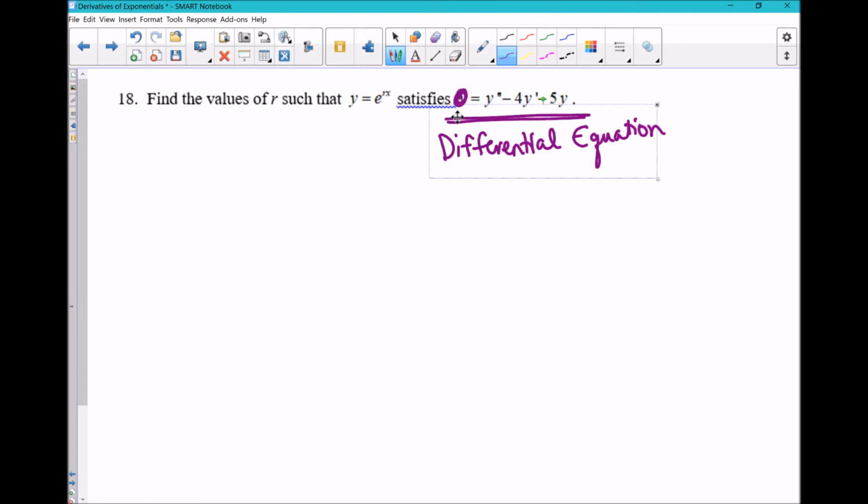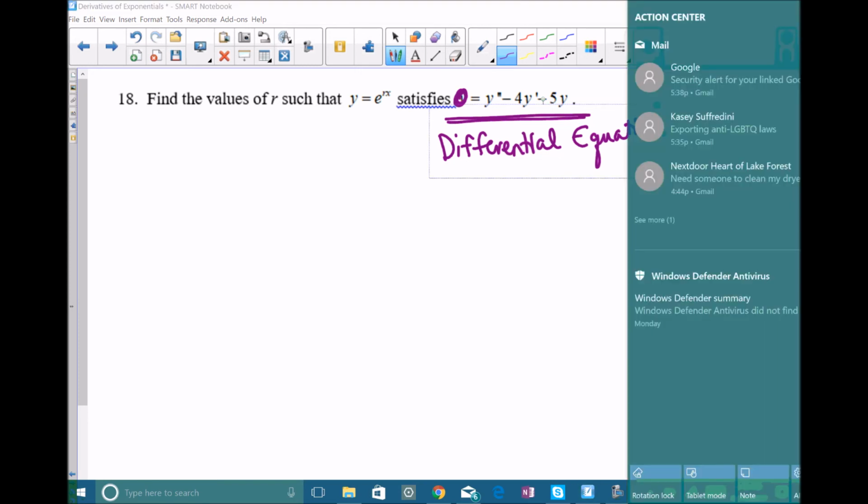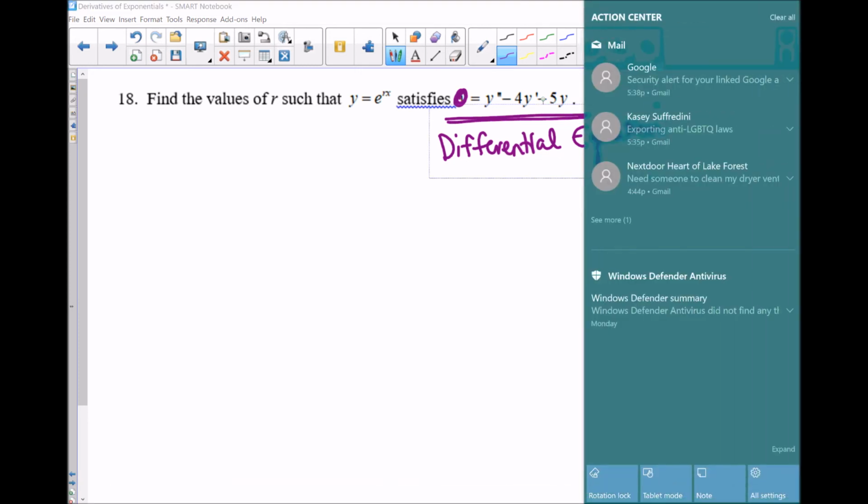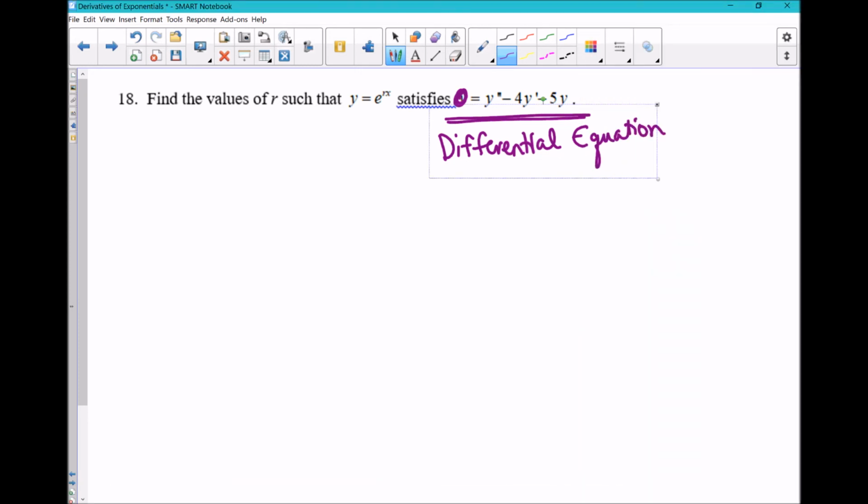We're going to try and find the values of r that make this lovely equation true. So basically you're going to substitute in y, y prime, and y double prime.